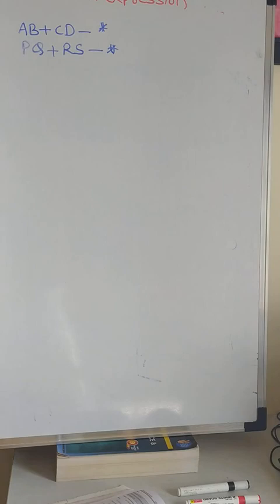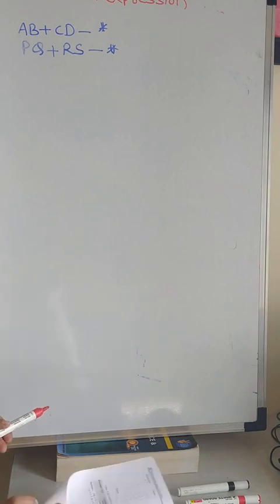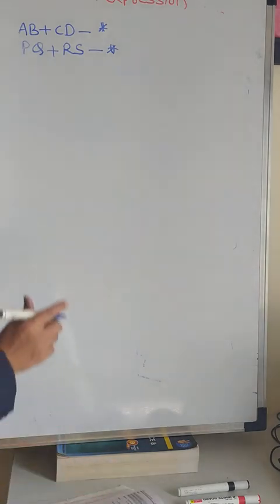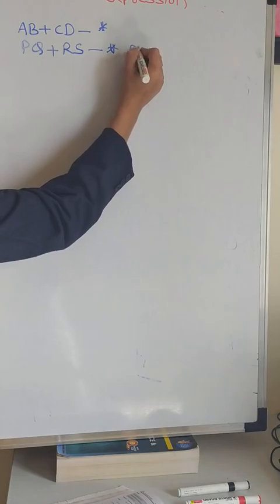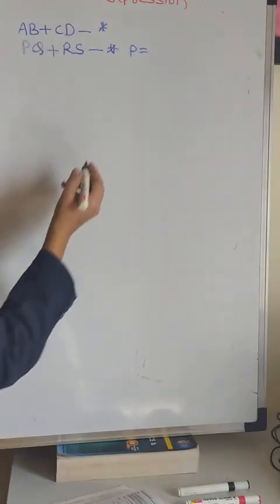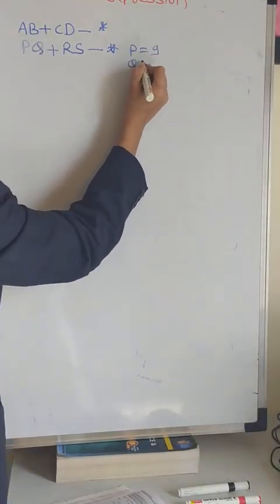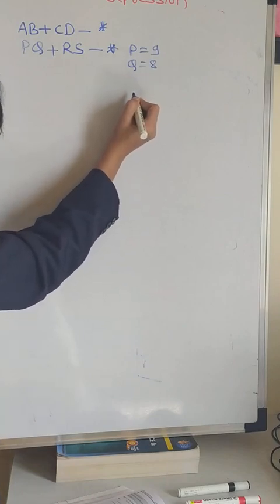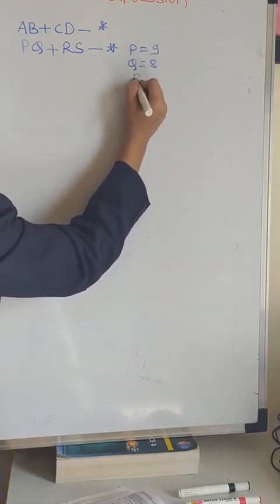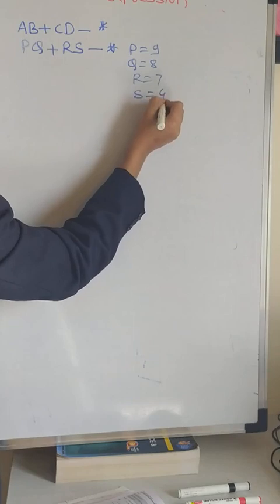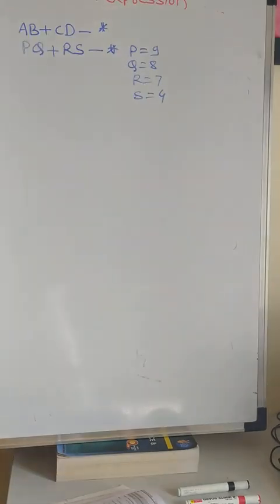And here you have been given different values for ABCD and for PQRS. In this case you have been given the value P equals 9, Q equals 8, R equals 7, and S equals 4. The expression is the same but the values are different.